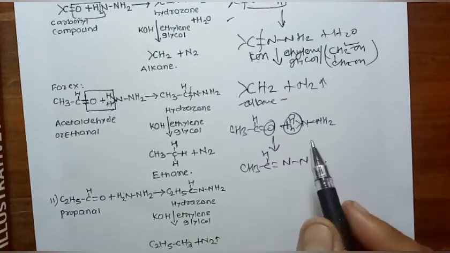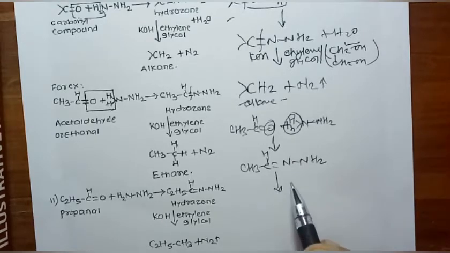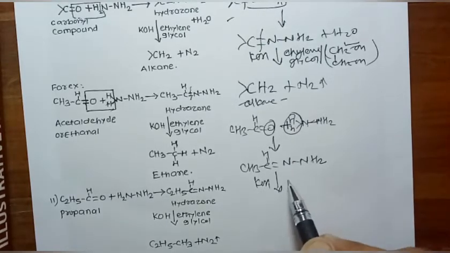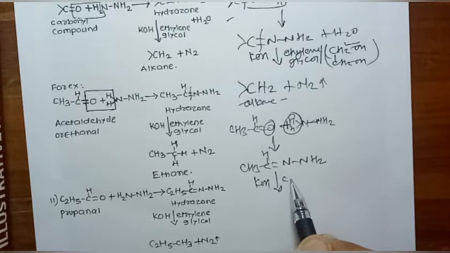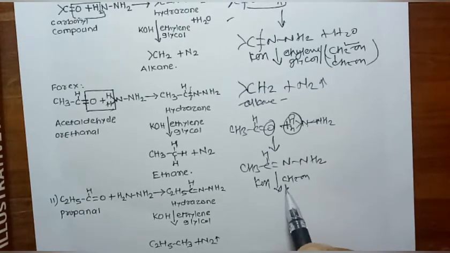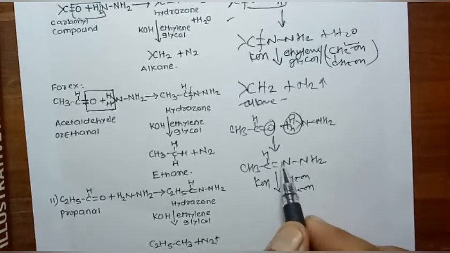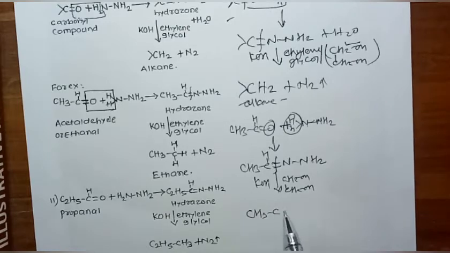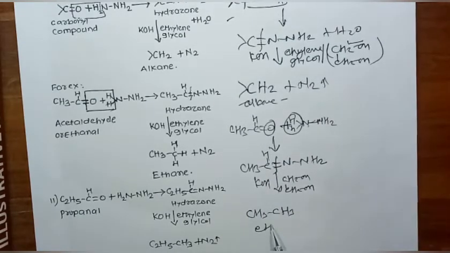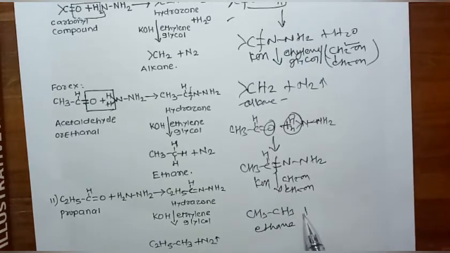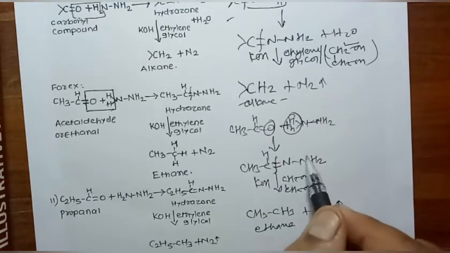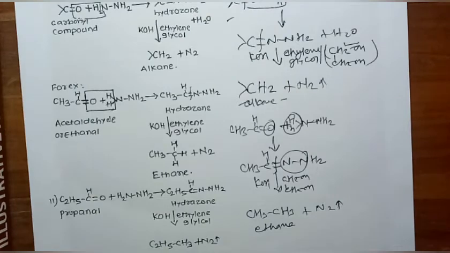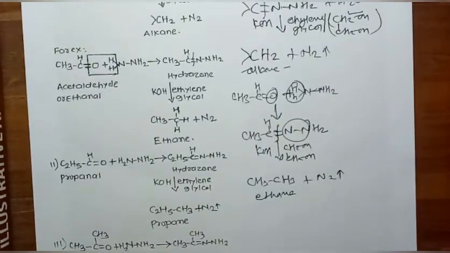It is acetaldehyde hydrazone. This acetaldehyde hydrazone on treatment with KOH alkali and ethylene glycol, CH2OH, the double bond between carbon and nitrogen breaks, and this carbon atom is attached to another two hydrogen atoms and it gets converted into CH3 CH3, that is ethane, plus N2 gas. These two nitrogen atoms combine and are eliminated in the form of N2 gas.